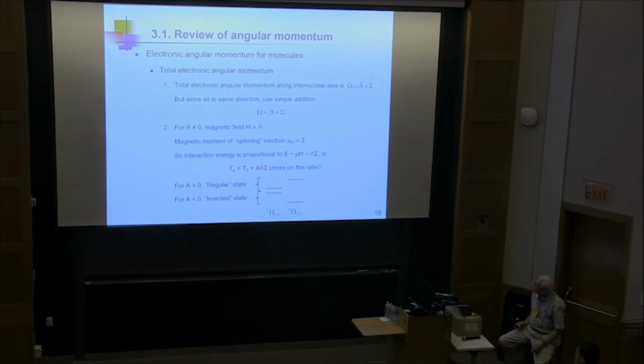Okay, let's see. Sometimes it's nice to have a physical definition of what's going on with these in the influence of the field. So if lambda is not equal to 0, that means the electrons are orbiting around. That electron current produces an effective magnetic field along the axis of the molecule.